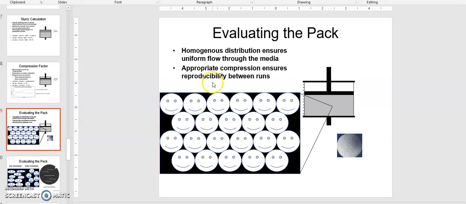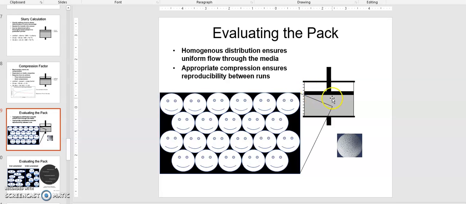Once it's well compressed down, you need to evaluate if that column is well packed or not. So how would you define a well packed column? A well packed column should have homogeneous distribution of the pressure, and it will guarantee you uniform flow of materials over the column. It's going to go over the resin uniformly.